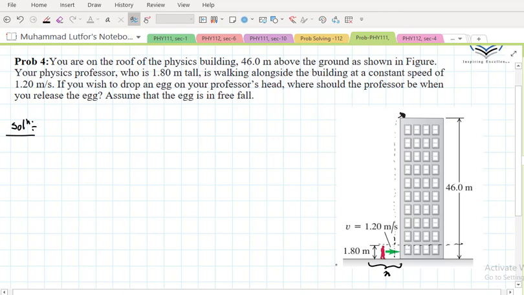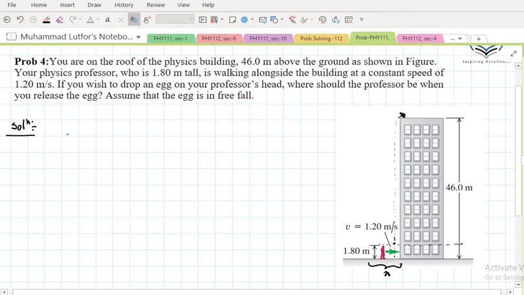So first I'm going to find out how much time it will take the egg to travel that distance if you drop it. Then, using that time, I will find out the displacement of the professor. Okay, let's start.